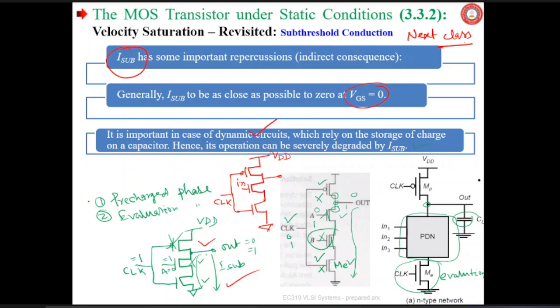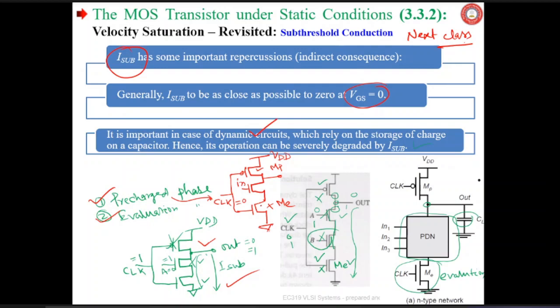It works in two phases, pre-charge phase and evaluation phase. During the pre-charge phase, what happens? When clock is 0, the pre-charge phase is prevalent. When clock is 0, this will be off and this MOSFET will be on. Let me call this ME and this MP.